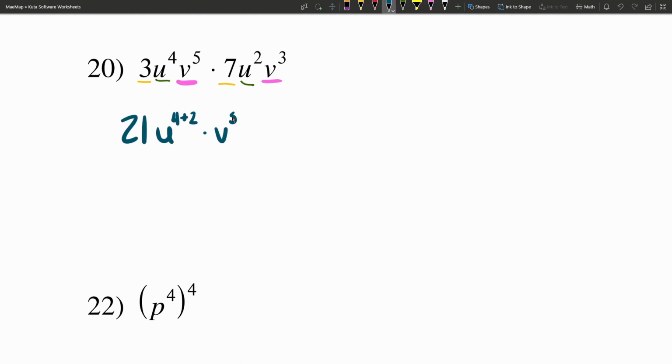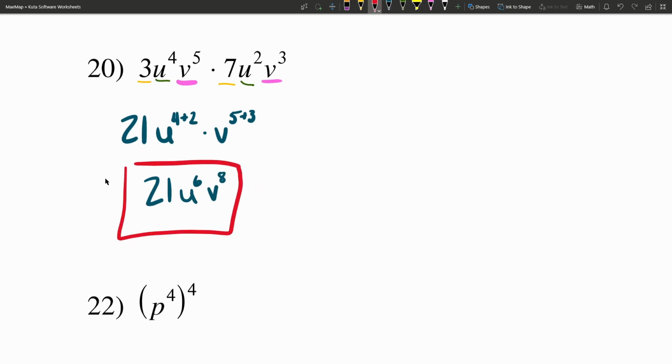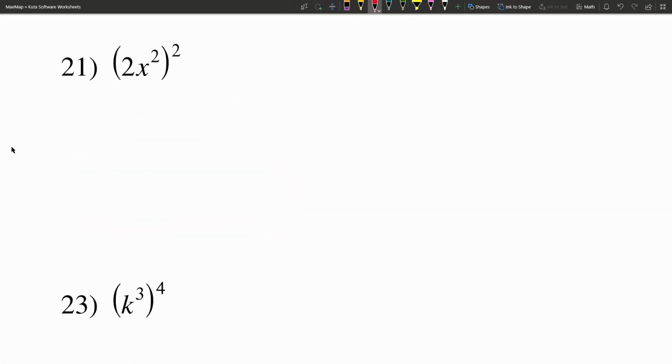So it's v to the 5 plus 3. Writing this out, we're going to get 21 times u to the 6th times v to the 8th. 21 times u to the 6th times v to the 8th is our solution for number 20. Let's move on to number 21.